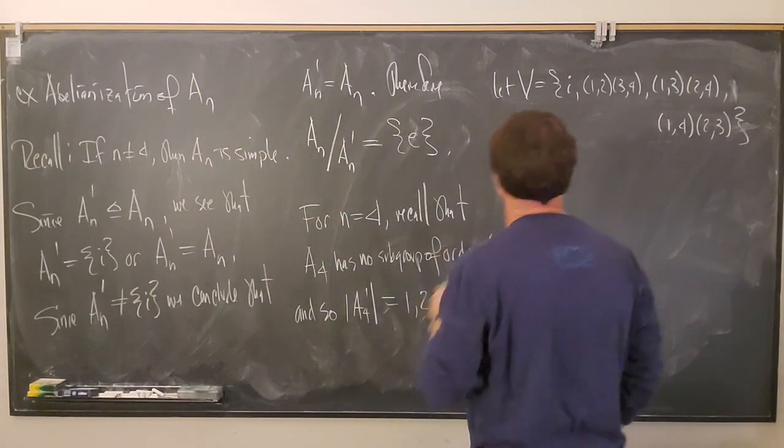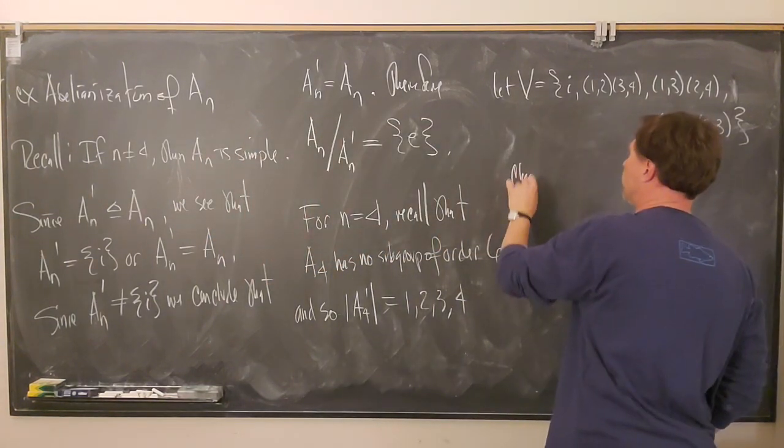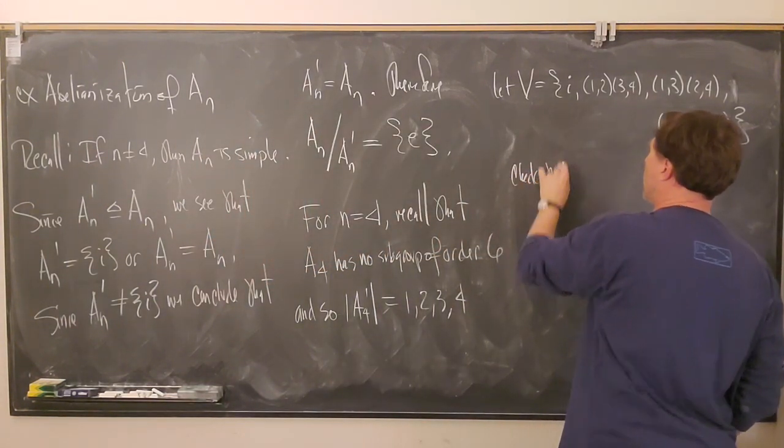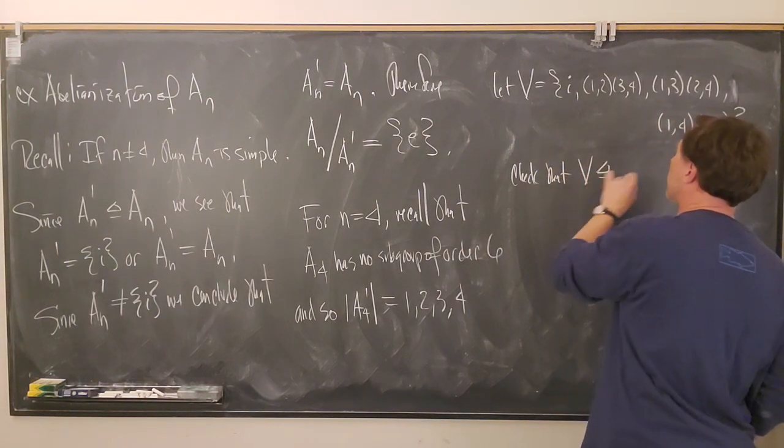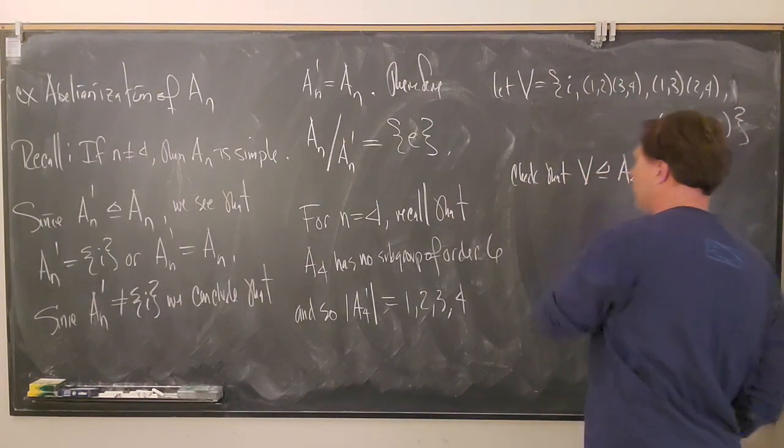And you can check that V is a normal subgroup of A4.